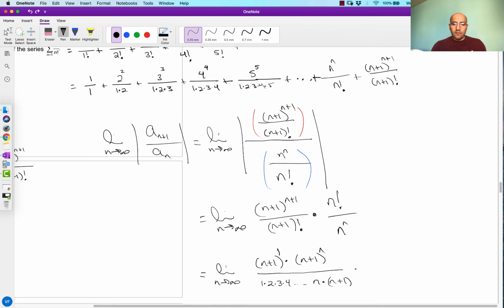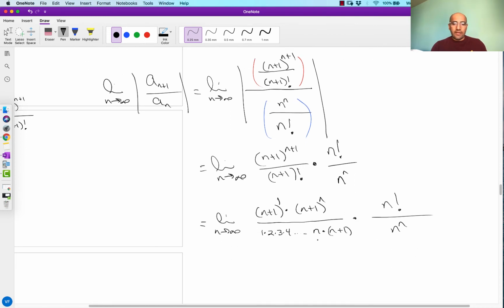That's what n factorial is, up to there. Times, and then n factorial over n to the power of n. Okay? All right, so that means we can separate this denominator into the part that's just n factorial. That's this part right here. This guy is n factorial times n plus 1. Good.